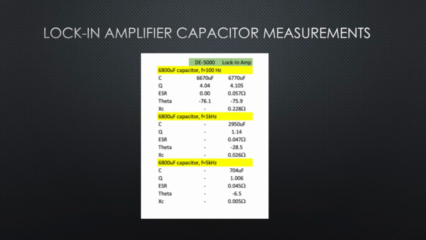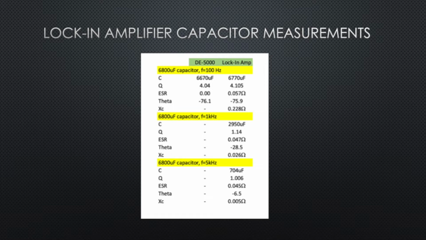And here are now the final results from the lock-in measurements compared with the DE5000 LCR meter. At 100 Hertz, for example, the DE5000 was 6.67 millifarad compared to the 6.77 millifarad for the lock-in. The Q was very close, 4.04, 4.105.